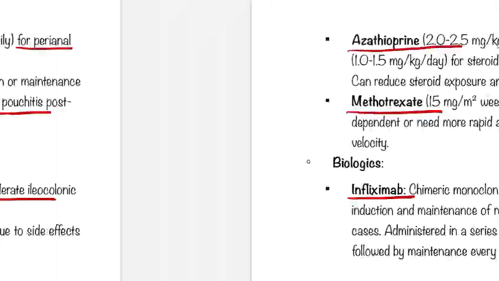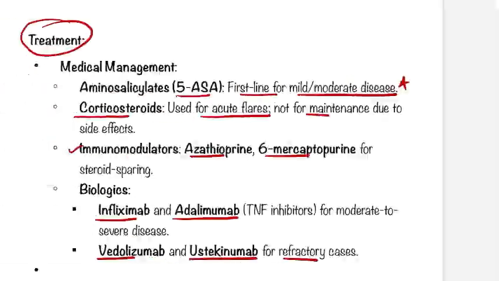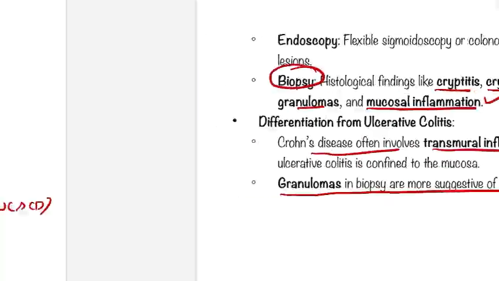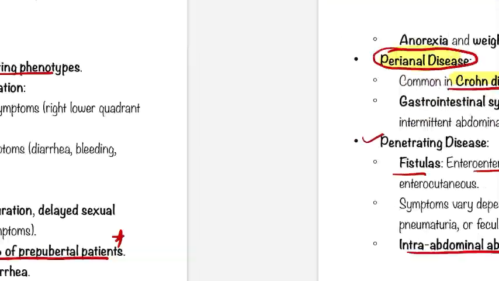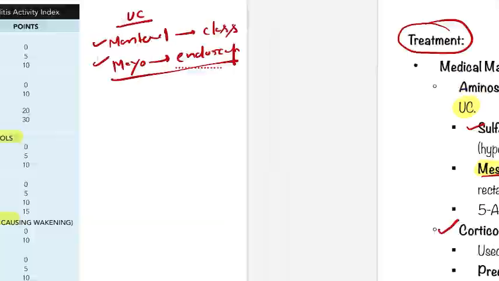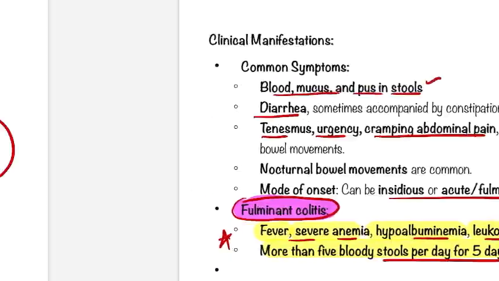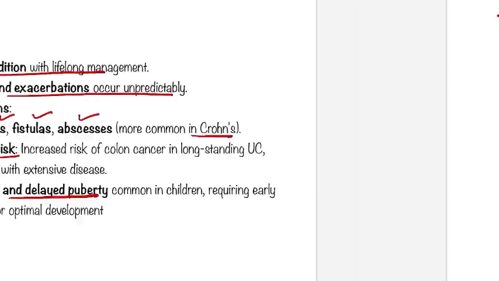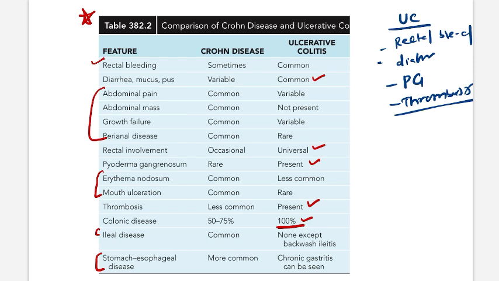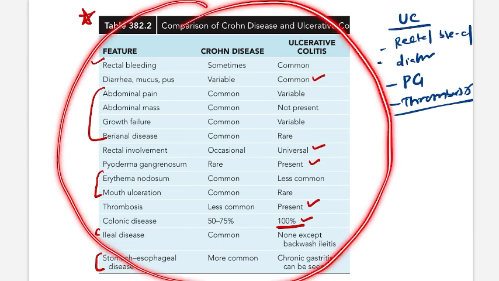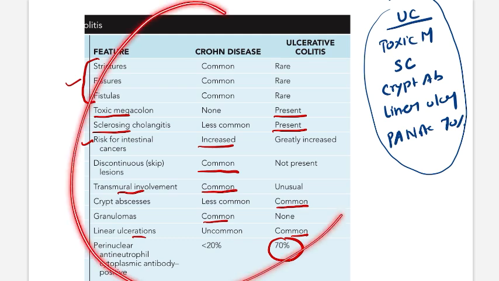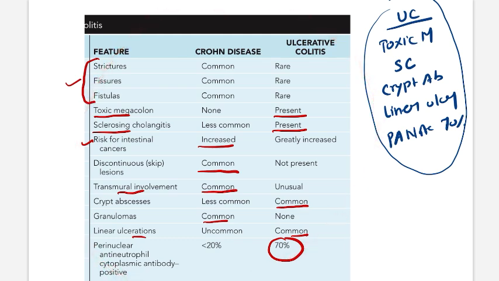So for this, what we have to do is go through the differentiating features of ulcerative colitis and Crohn's disease. I'll go directly to those tables showing the differentiating features. After having the discussion of ulcerative colitis and Crohn's disease, just go through these things, the difference between ulcerative colitis and Crohn's disease, and you will understand all of this.